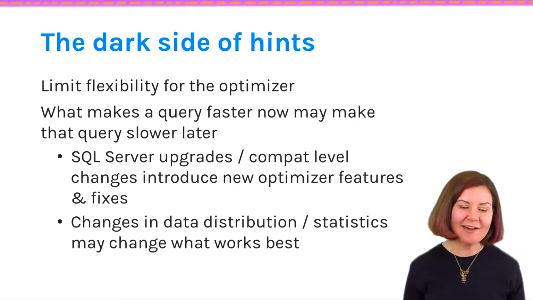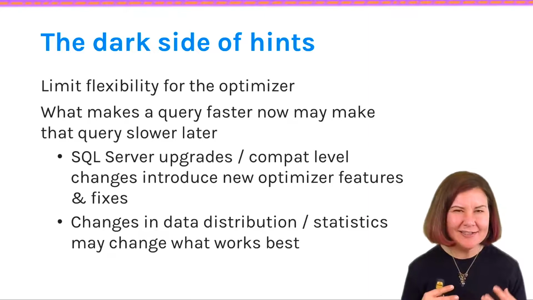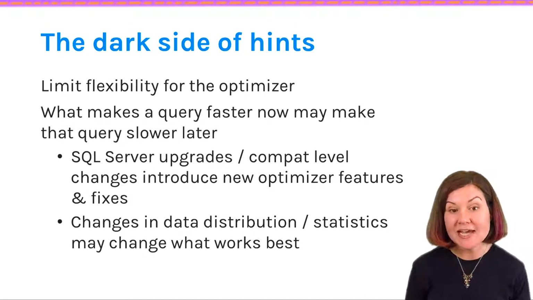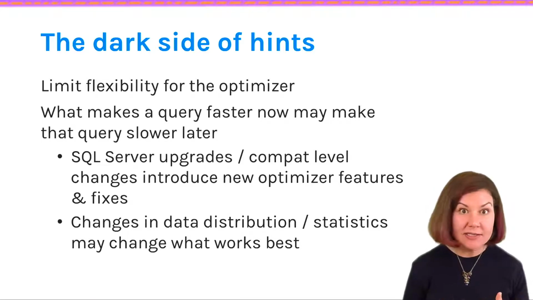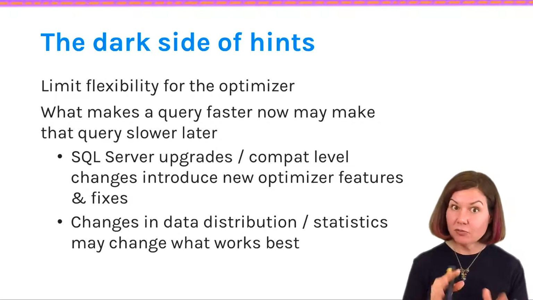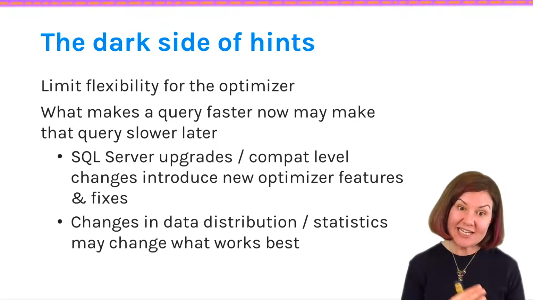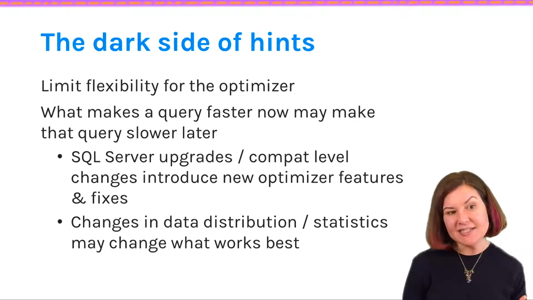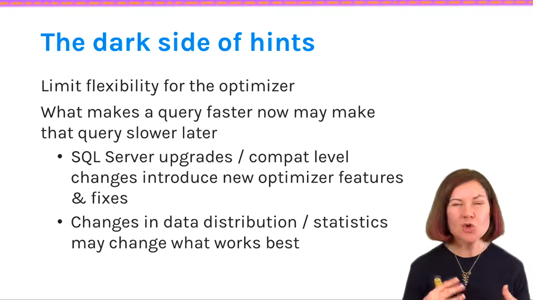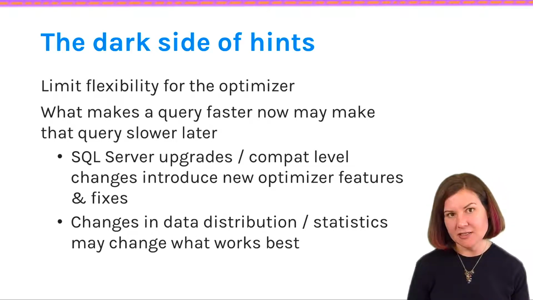So when we have gone in and taken special steps to manipulate queries, these are queries that we should note down so that as we upgrade SQL Server, or even just raise our database compatibility level, if we do that separate from upgrades, we should test these queries to see, hey, maybe the optimizer is actually just as good or even faster without our crazy hint or crazy rewrite.